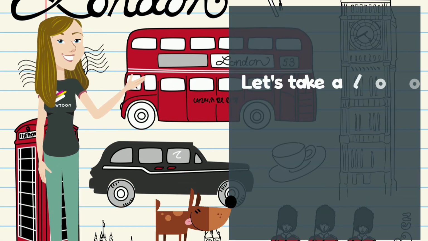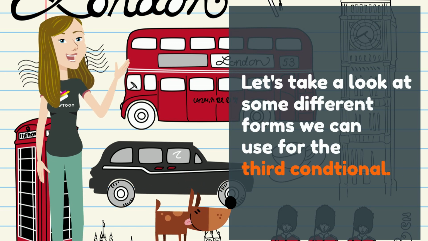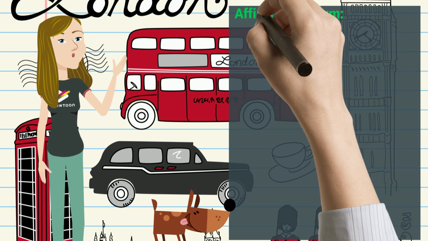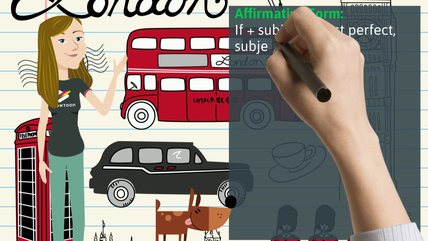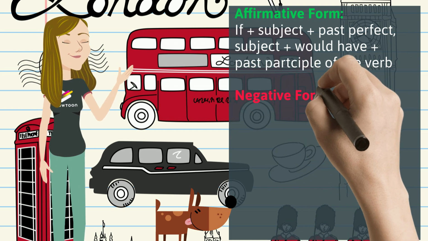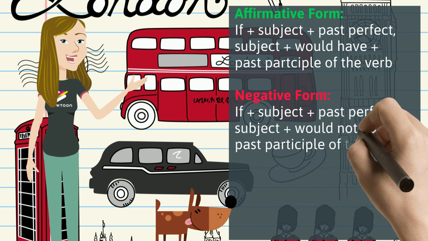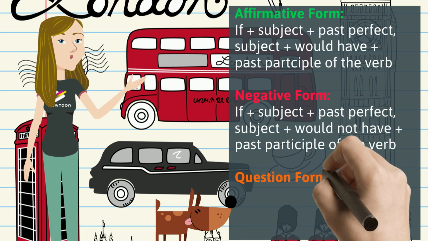Let's take a look at some different forms we can use for the third conditional. The structure of the affirmative form is if, then the subject, then the past perfect, followed by the subject, would have, and finally the past participle of the verb.